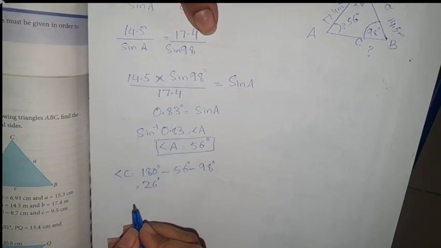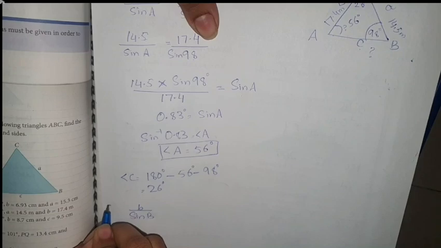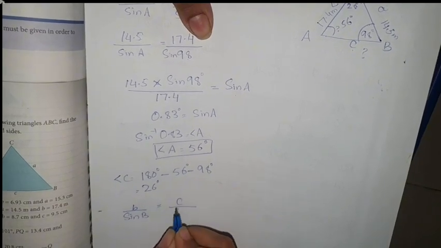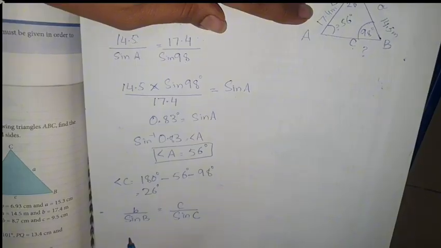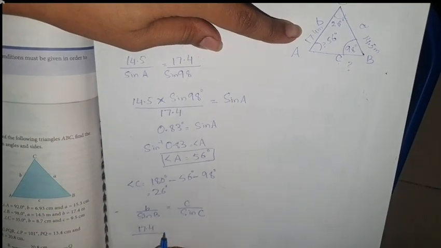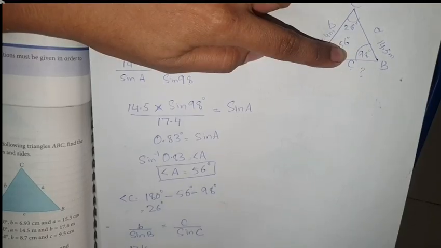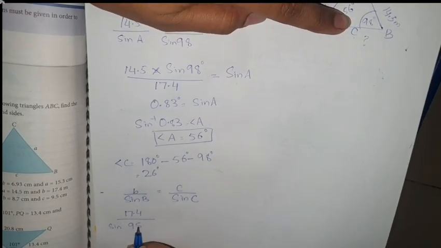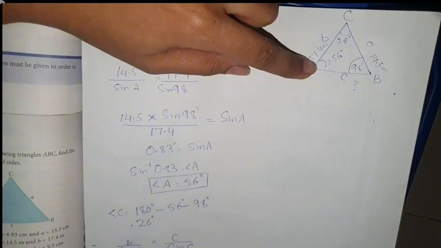We can take B upon sine B is equal to C upon sine C. So what is B? This is 17.4. What is the angle B? Angle B is 98 degrees, sine 98. What is C? Side C we don't know. And what is angle C?